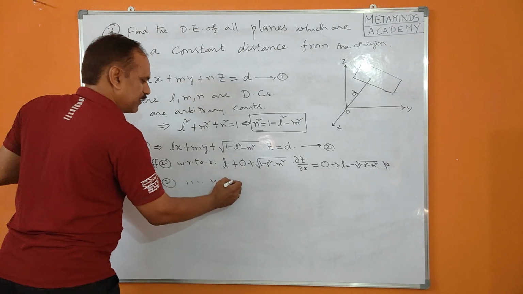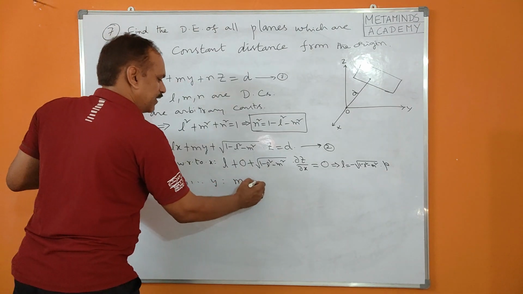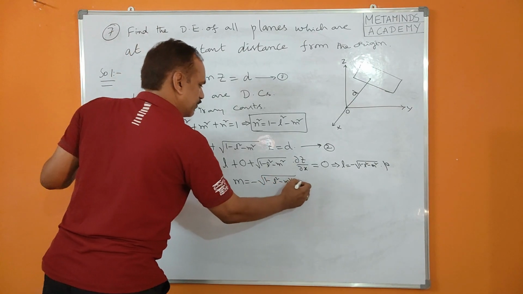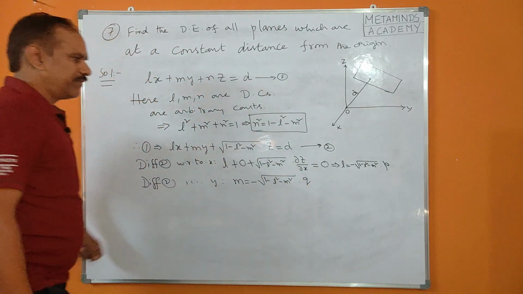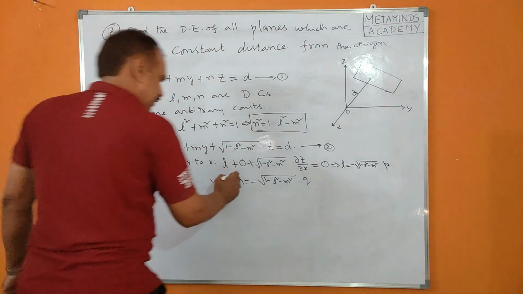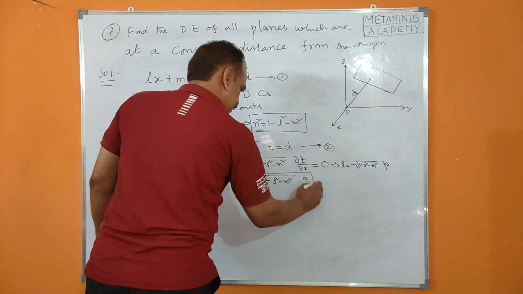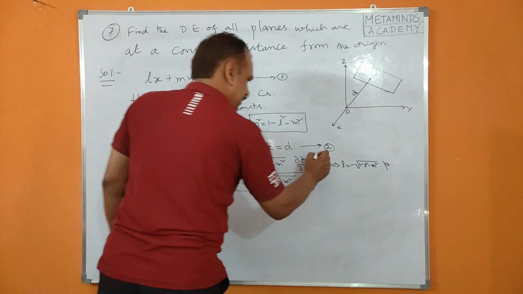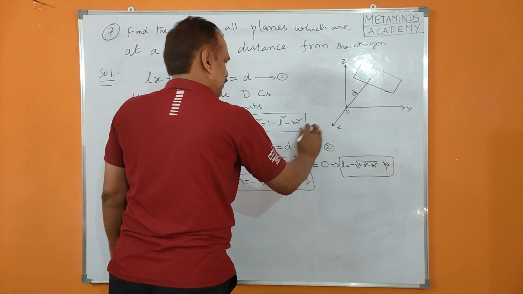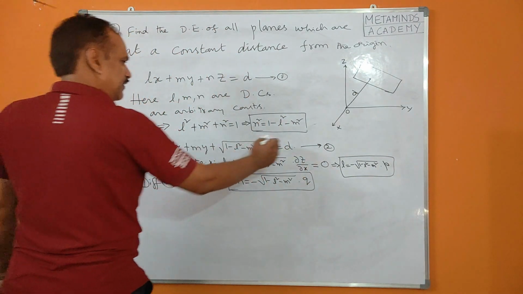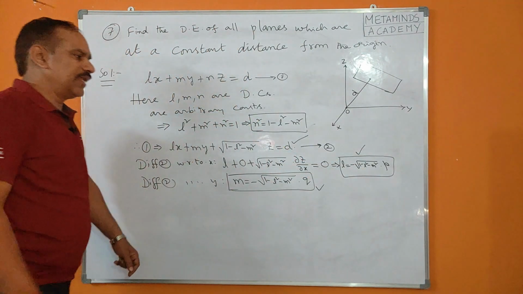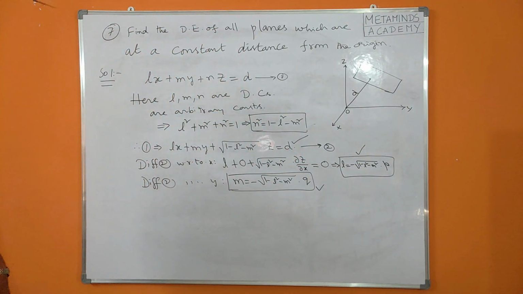What you will get? M equal to minus root 1 minus L square minus M square into Q, where dou z by dou y is Q. So from these three equations, we need to eliminate L and M.